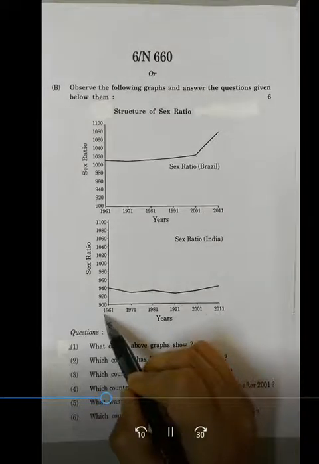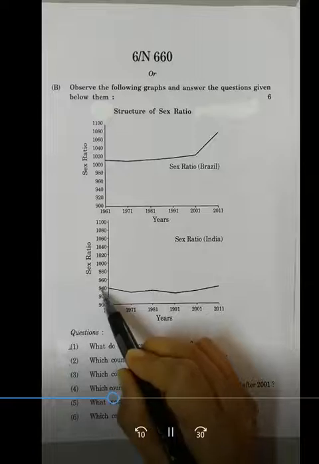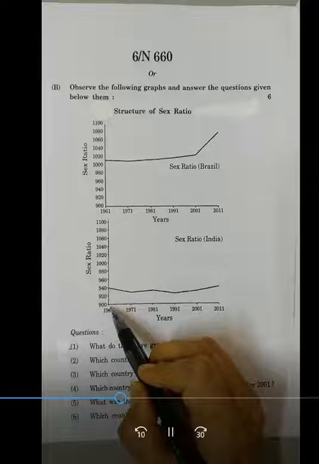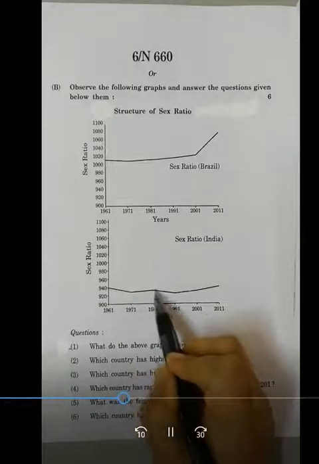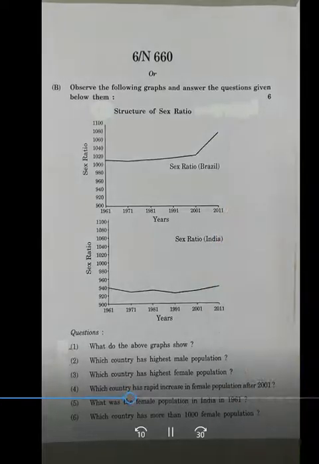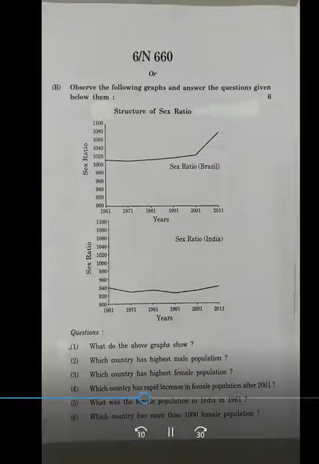So here if you see India in 1961, you have 940 females per 1000 males. Therefore, this is a line graph for females, and it is understood that it is per 1000 males. I hope you have understood this graph.